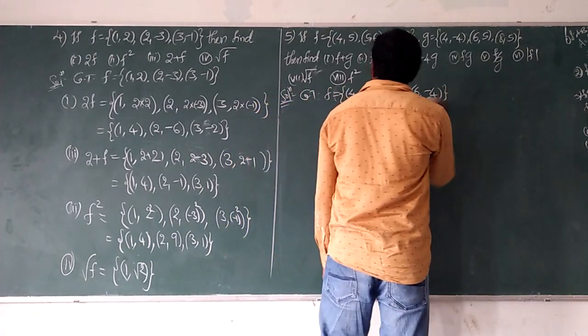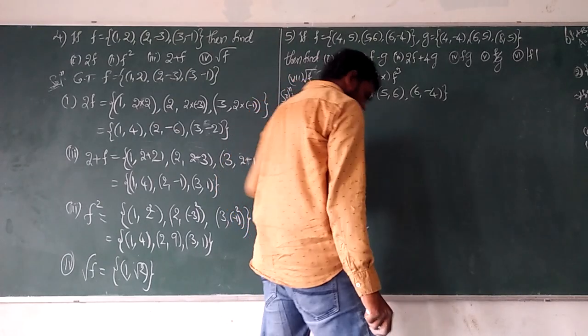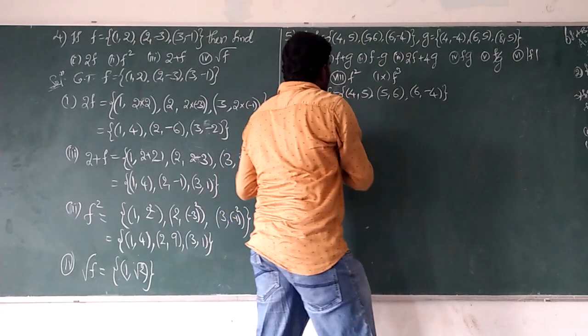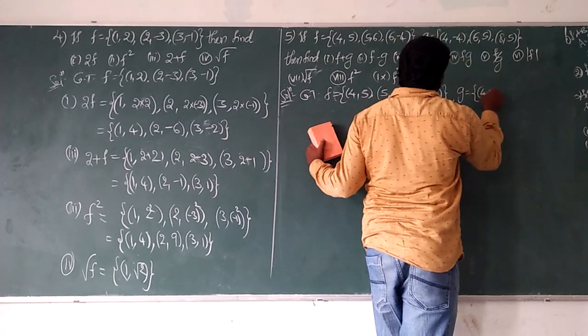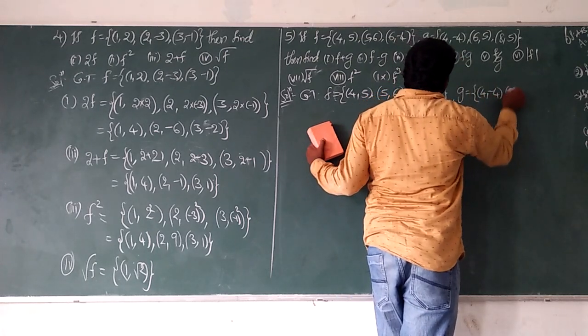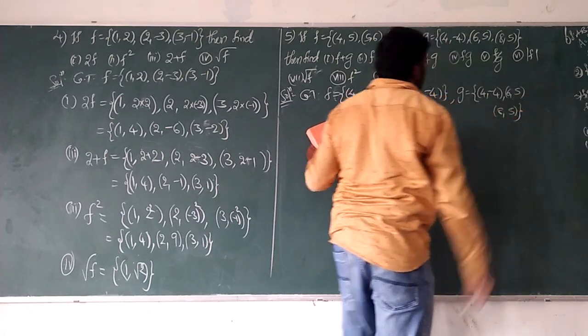And g is also given: g equals the set of 4 comma minus 4, 6 comma 5, and 8 comma 5.